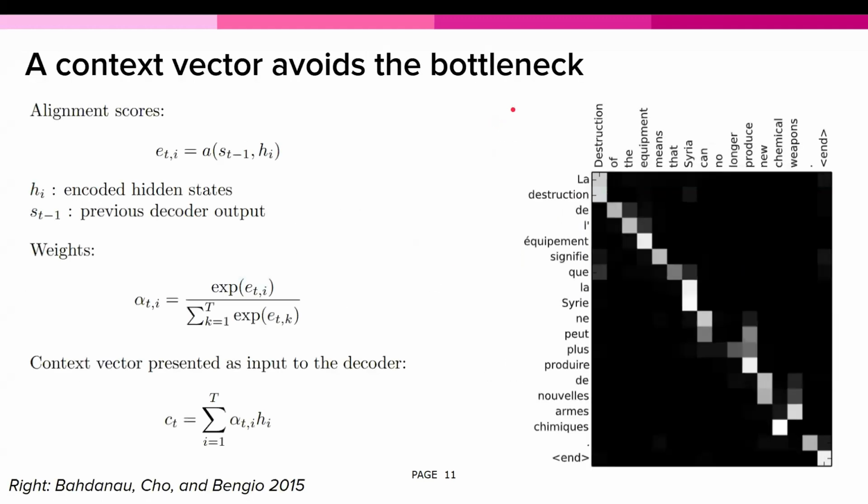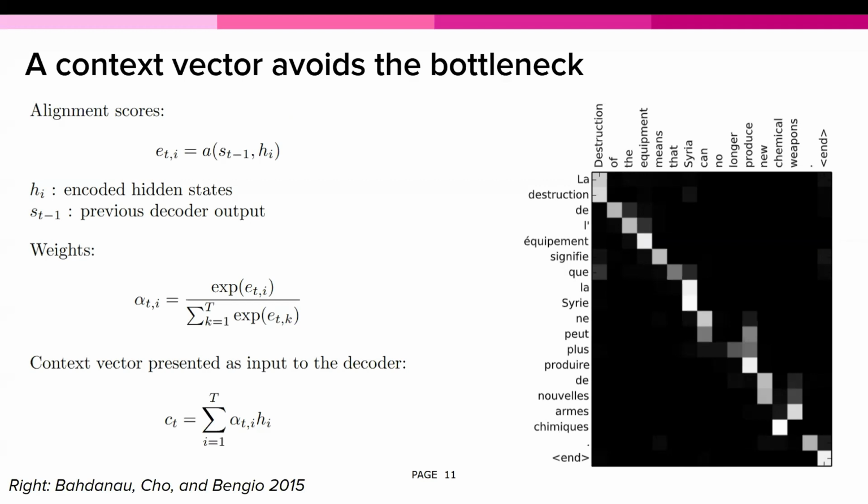Right. So I mentioned that we're applying these dynamically adjustable weights to the output of the encoder. So how does that work? The very first attention mechanism was proposed by Bahdanau and colleagues, and they provided a clever solution to the information bottleneck problem.